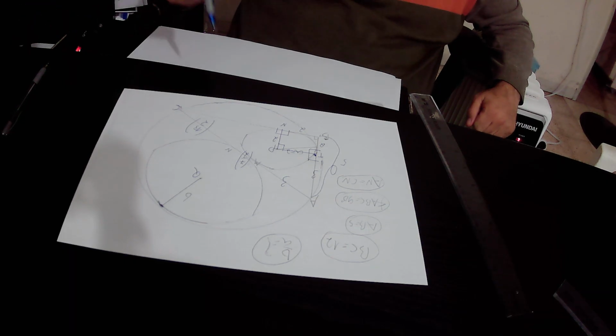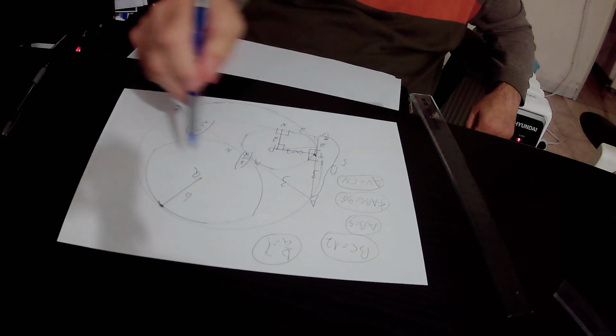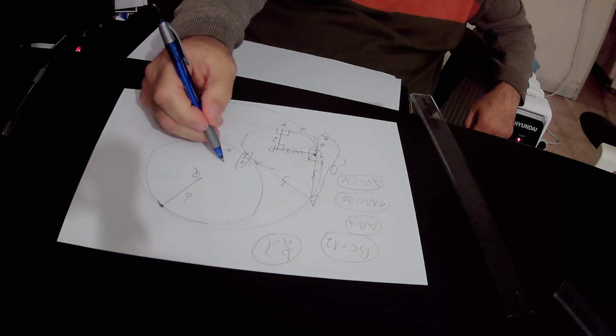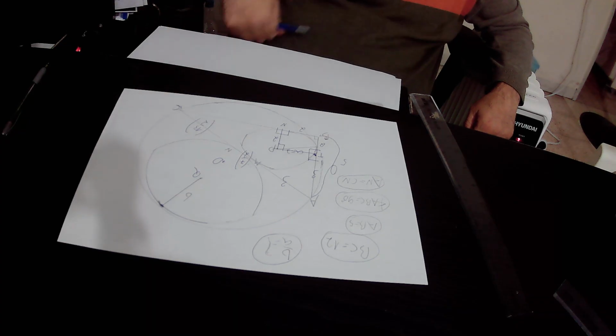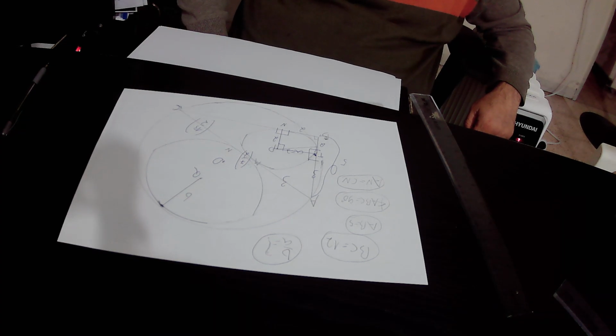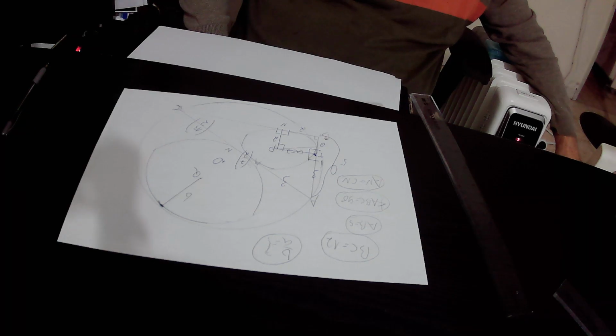We define the center of the biggest circle as O. In the next step, I'll present to you rule number 7, and we'll implement rule number 7 in our drawing.